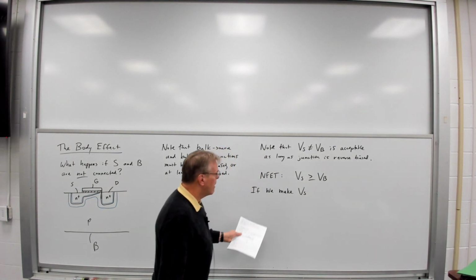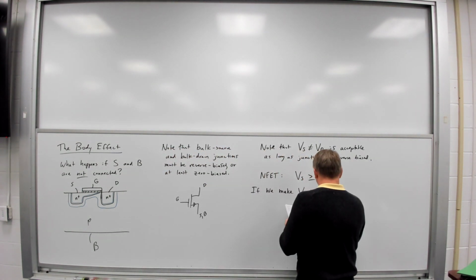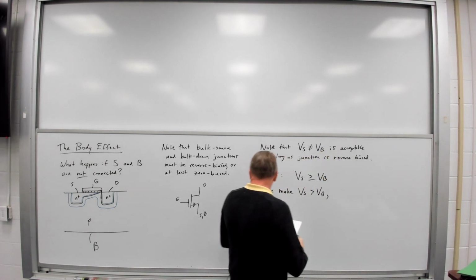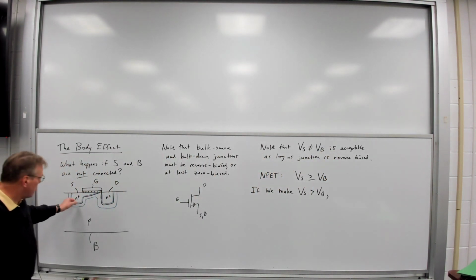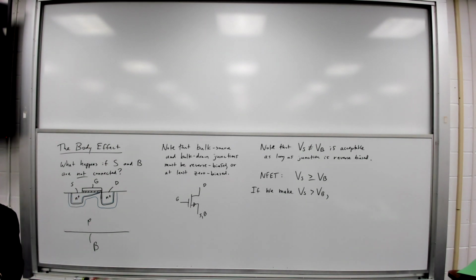If we make Vs greater than Vb, the depletion region between the source and the bulk is going to get wider. We're making it more reverse biased. Recall how a PN junction works: as we increase the reverse bias, the depletion region widens.